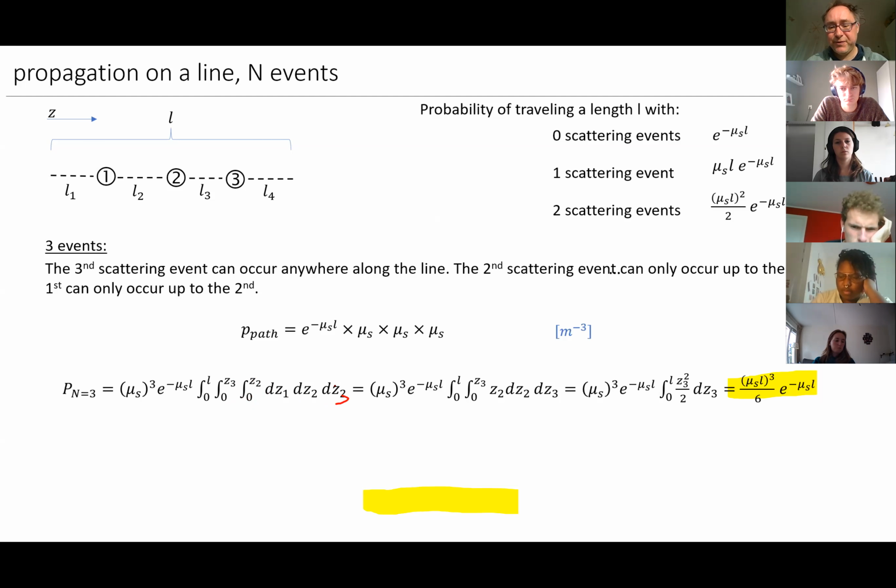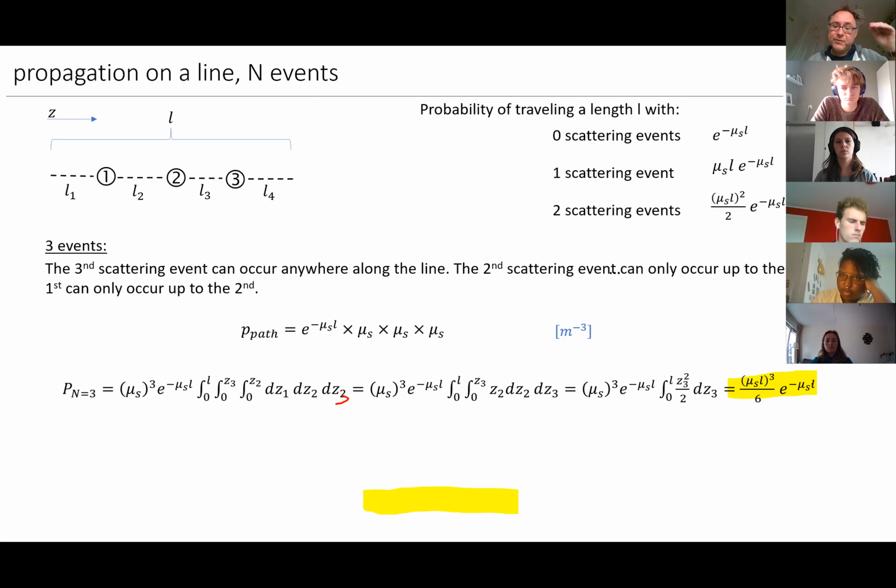First it will give us a factor of Z2, and then we'll get a factor of half Z3 squared, etc. You get the idea. So in the end, multiplying everything out becomes mu s times L to the third power divided by 6, 2 times 3, and then exponential of minus mu s times L.